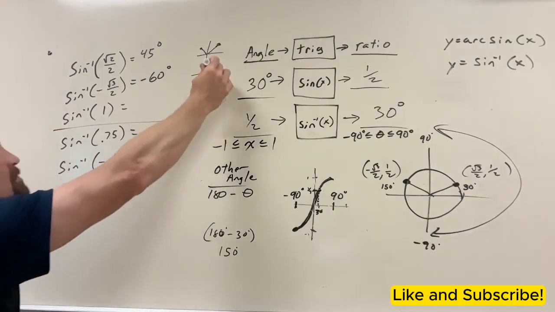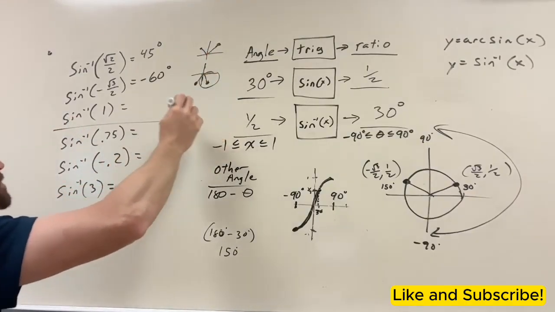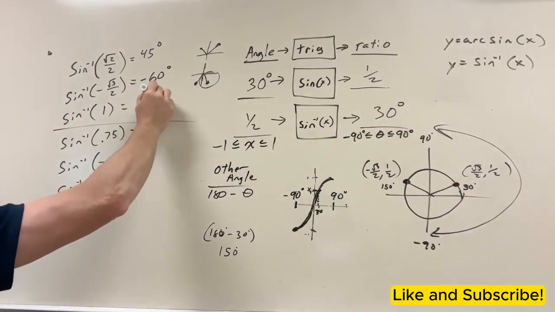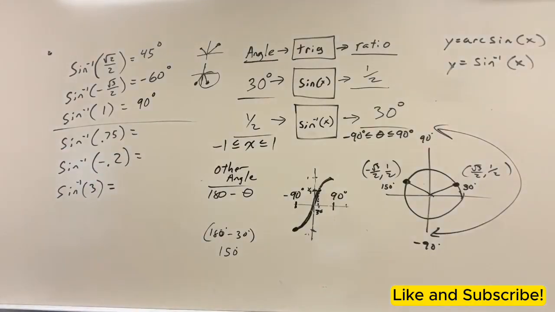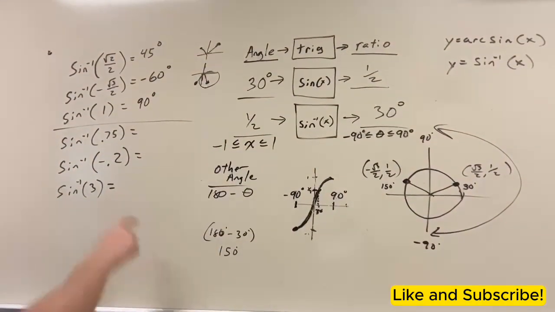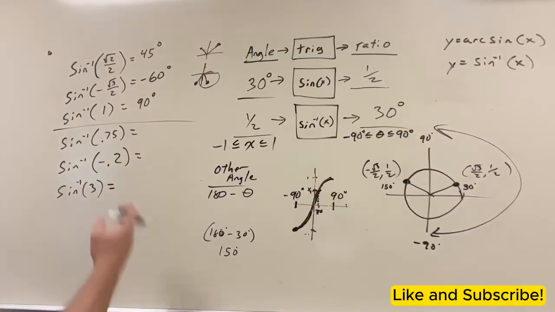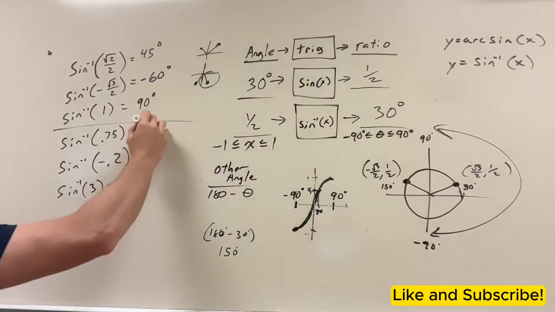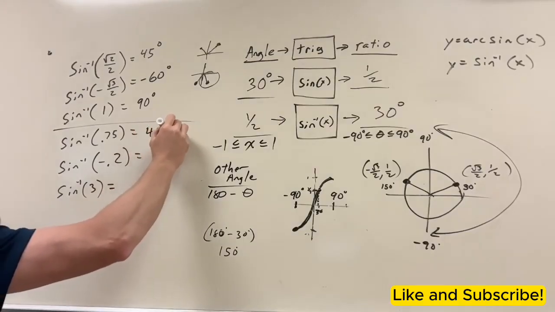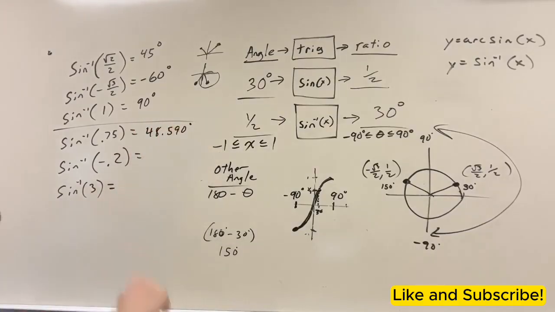Arcsine of 1 occurs at the top of the unit circle, which is pi over 2, or 90 degrees. When we go to the calculator, if I did the arcsine of 0.75, that's a ratio less than 1, I'm going to get 48.590 degrees. And that's in the first quadrant.